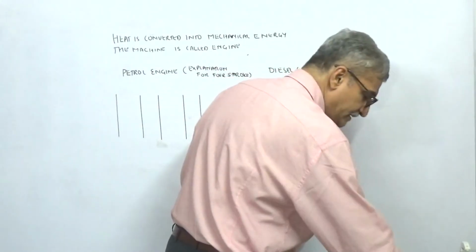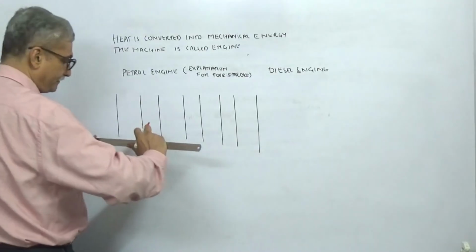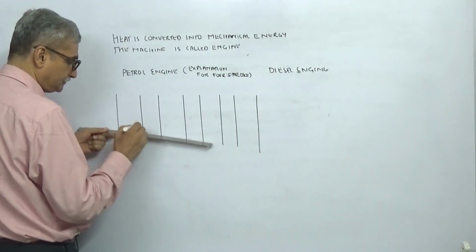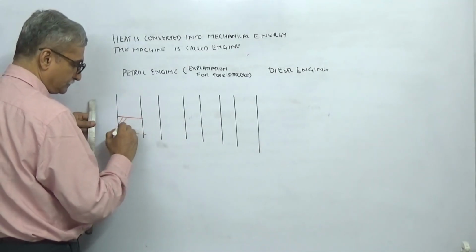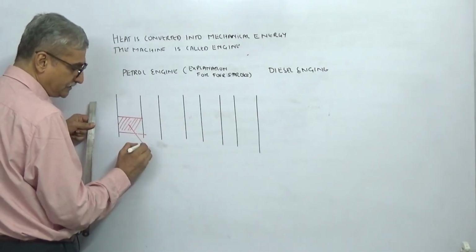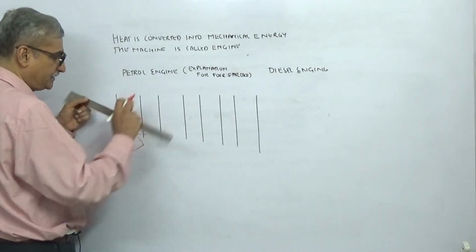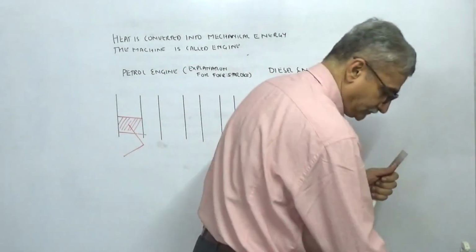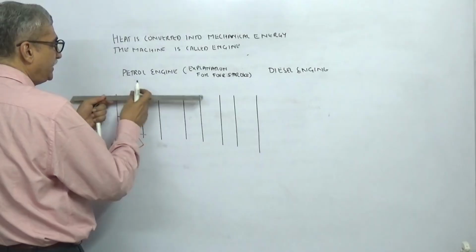So what happens is, you have a piston, you have a connector, and this connector is connected to a crank, and at the top you have points.